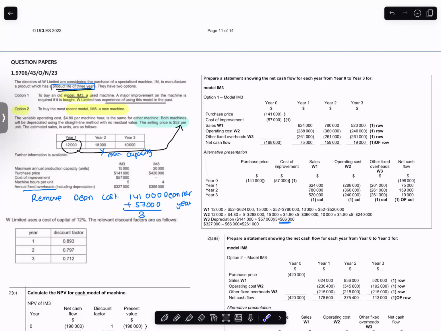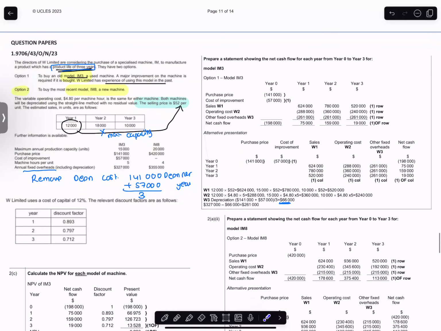So how do you get the net cash flow? You'll take the sales inflow minus operating outflow. In the first year, you get the net cash flow, you have a negative flow. Second year, inflow minus outflow, positive. Third year, inflow minus outflow. Fourth year, inflow minus outflow. You get a net cash flow.